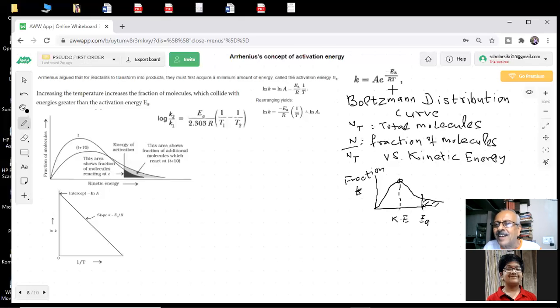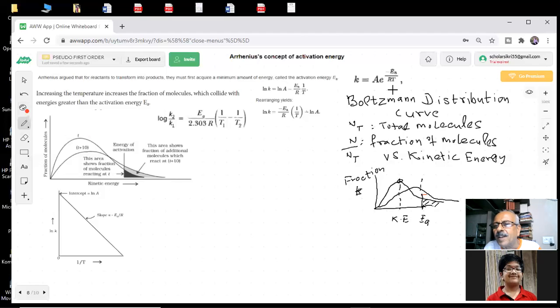When I increase the temperature, students, what will happen? You will see the graph shape goes something like this. Now you can see what has happened. The fraction of these molecules has increased. This fraction was this much, now it has increased. Let me use a colored pen.